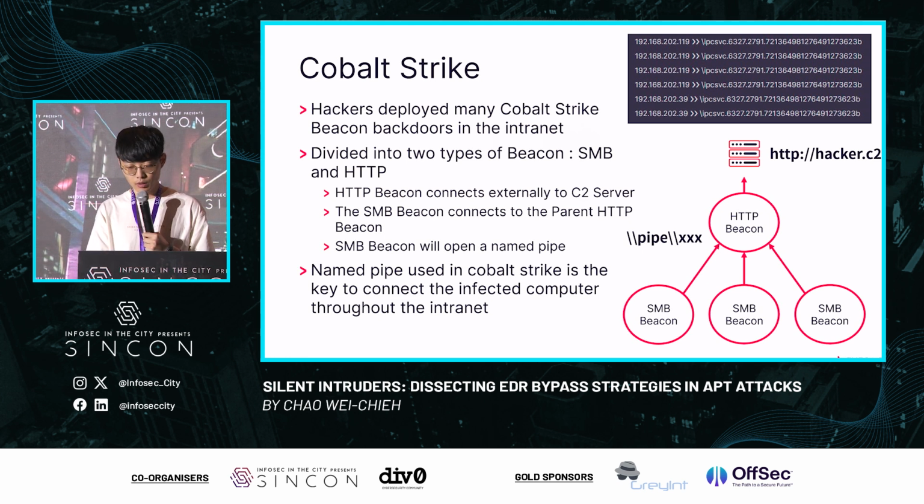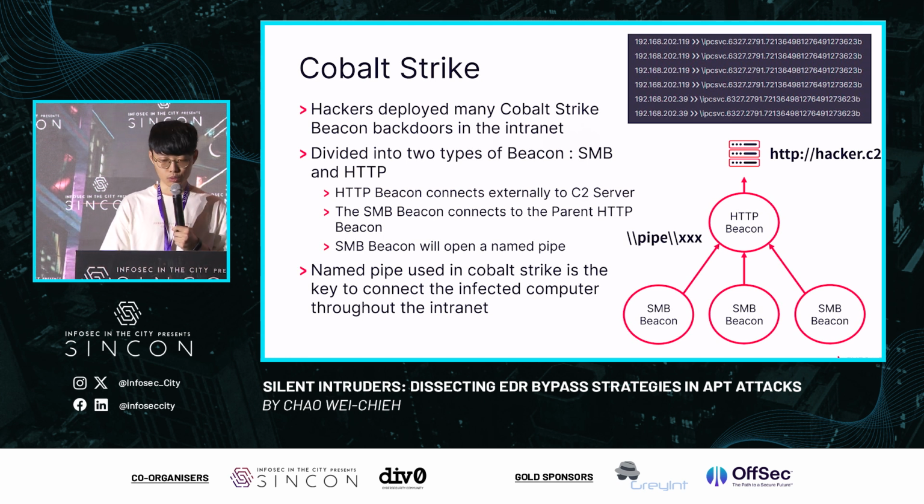We can search on the name of the named pipe and find out which endpoints are infected by Cobalt Strike. In the screenshot on the top, we search for the pipe name, and then we get a list of all the endpoints that were infected by Cobalt Strike.